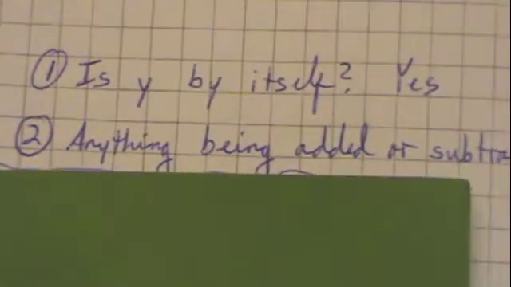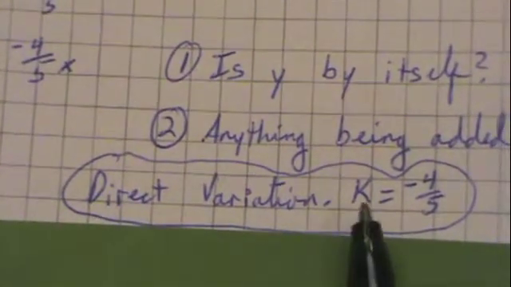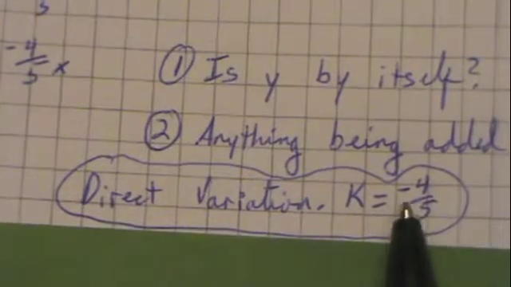So then you have 2 questions to ask yourself. Is y by itself? Yes, it is. Second question, is there anything being added or subtracted to x? No, there isn't, which means that it is a direct variation. And the constant is -4/5.